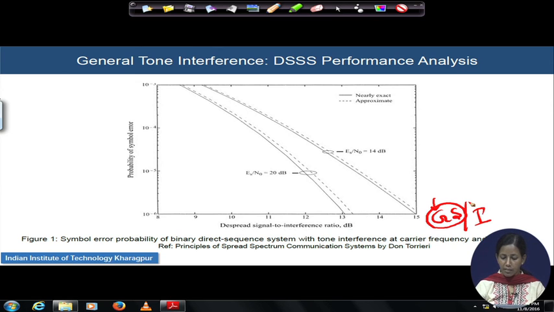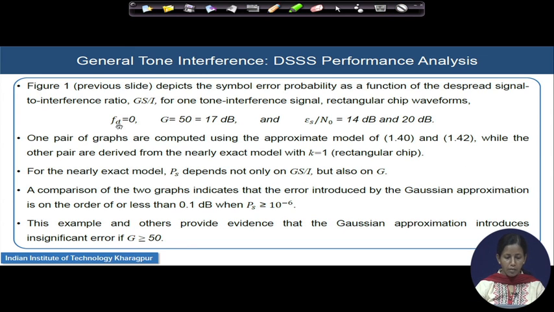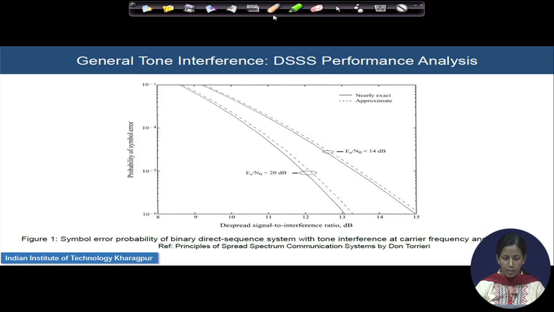If I consider the value of G equal to 17 dB and the other values as such, where f_d was equal to 0 and E_s by N_0 is 14 dB and 20 dB, both considered. So, we are here.